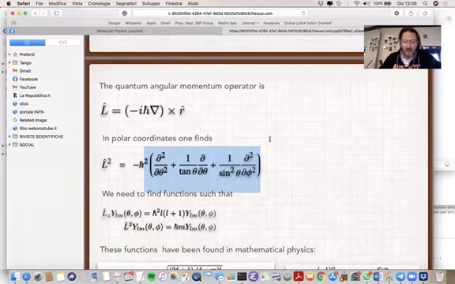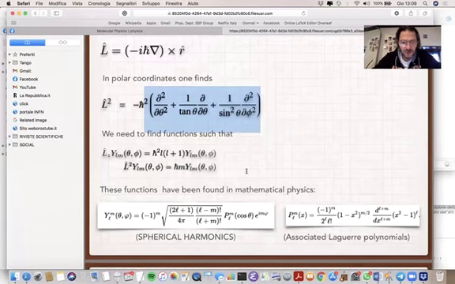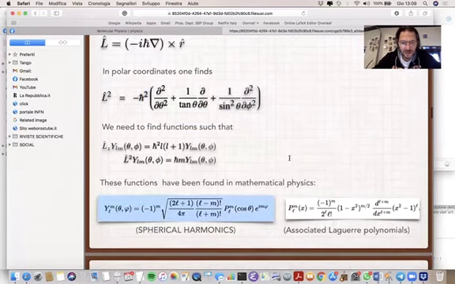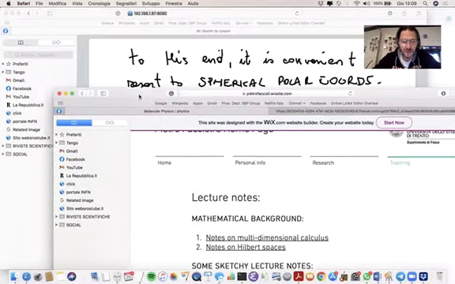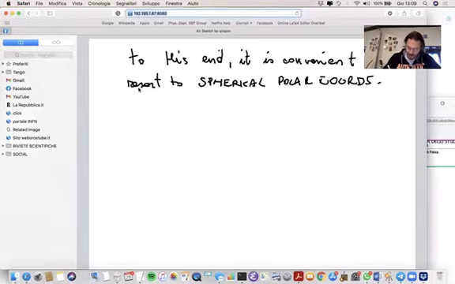If you go to position representation now, I get L squared.